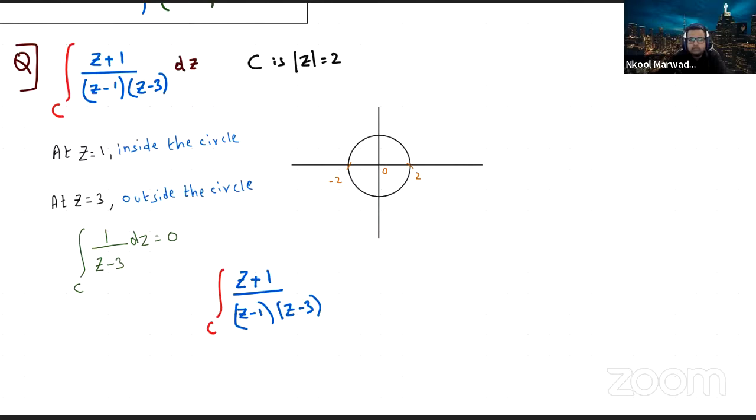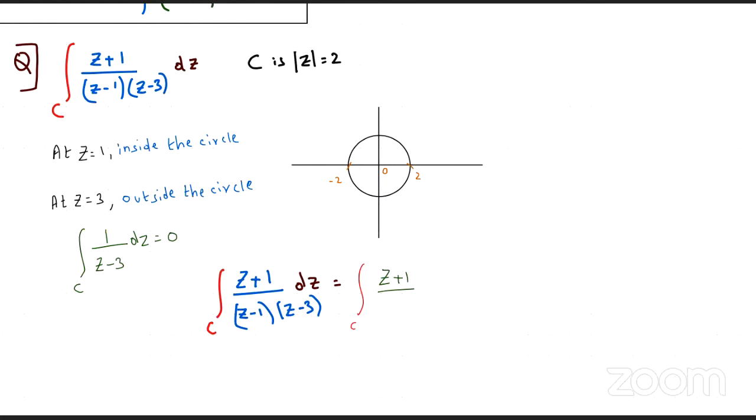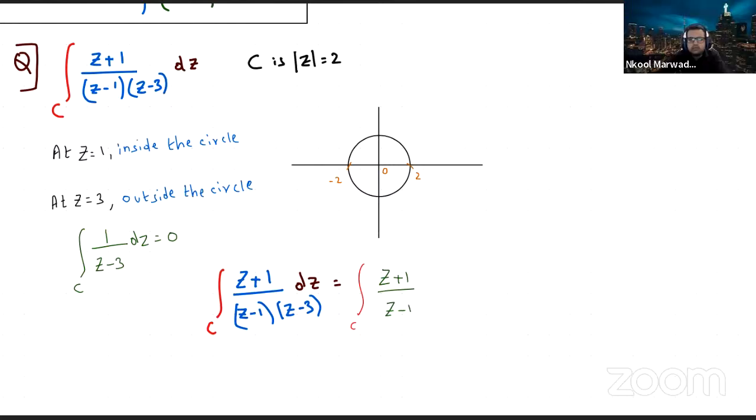It will be equal to the integration of z plus 1 upon z minus 1 dz, and it is like z minus 1 to the power of 1. So we can use this formula.